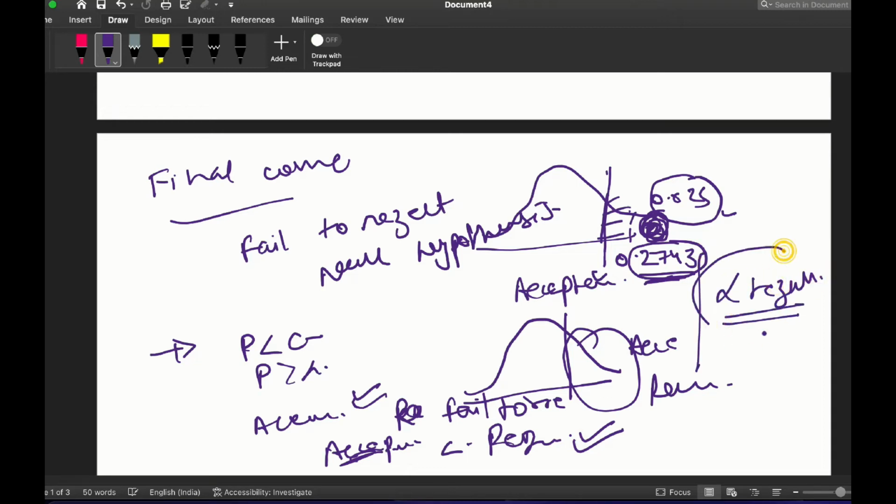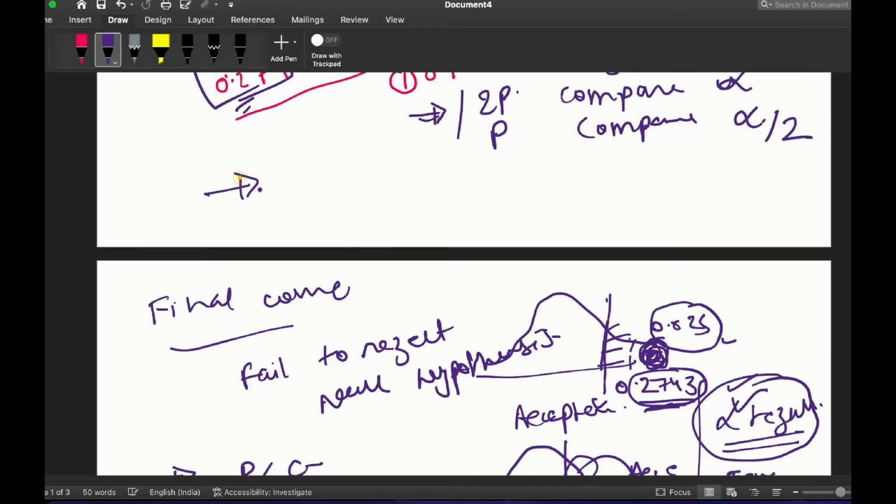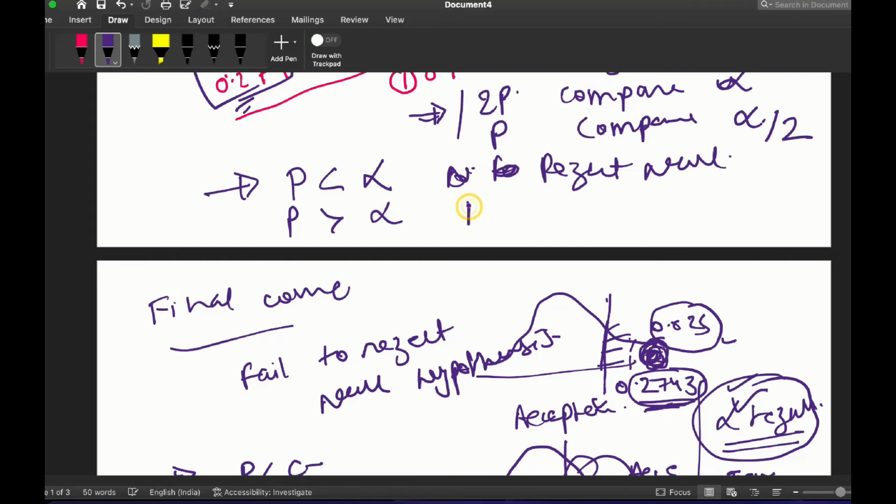And for faster calculation, you can remember: if p is less than alpha, then we reject the null, and if p is greater than alpha, then we fail to reject.